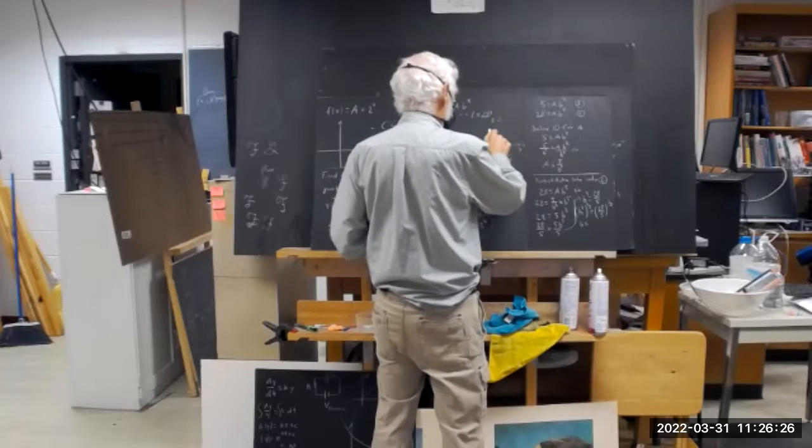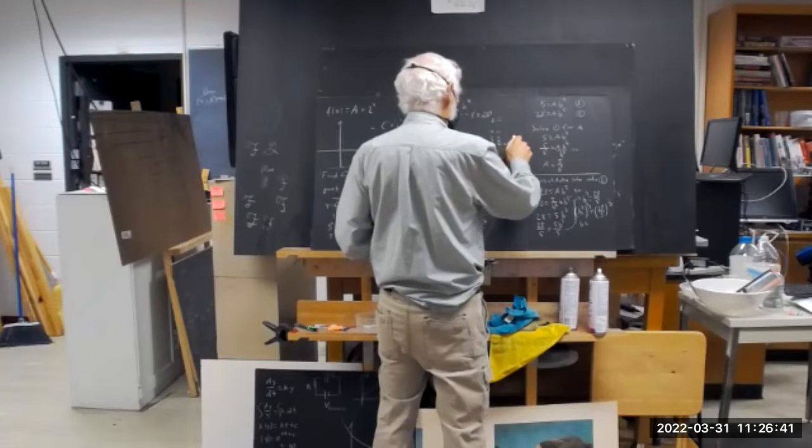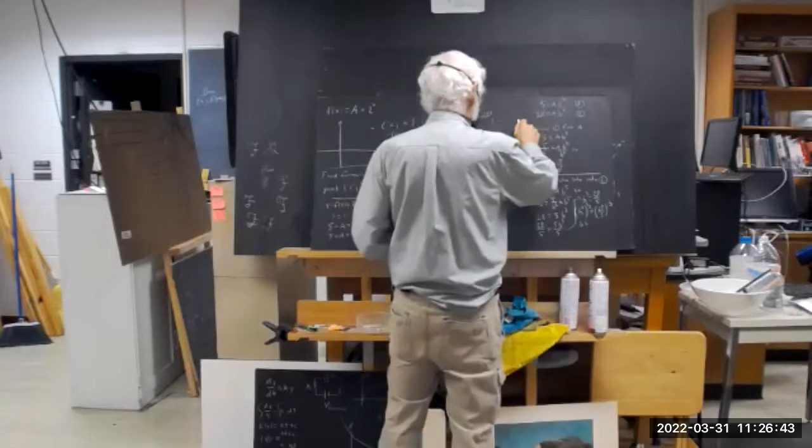Here's 8. Here's 4. Here's 2. Here's 1. Here's 1/2, and here's 1/4. So we get a graph that looks like this.